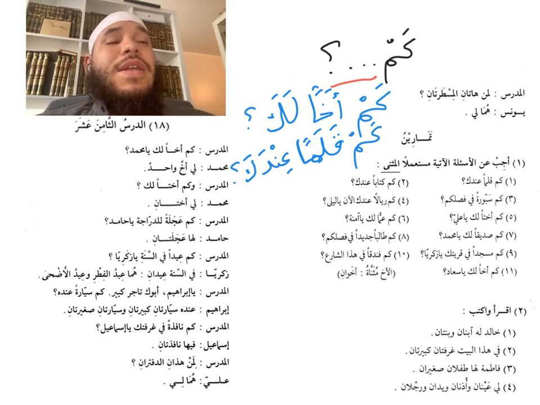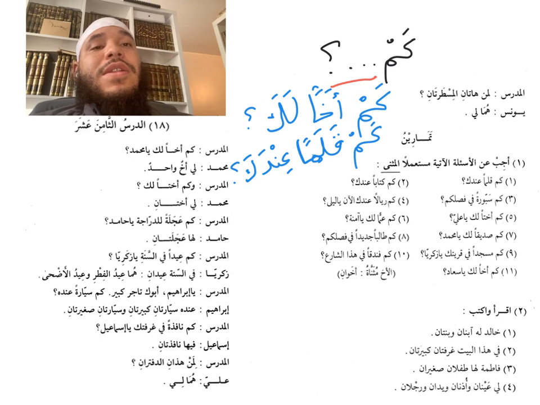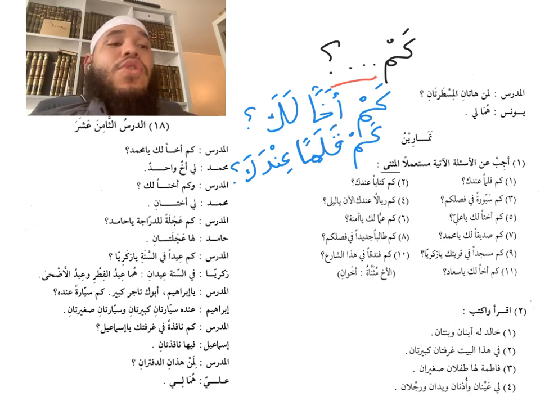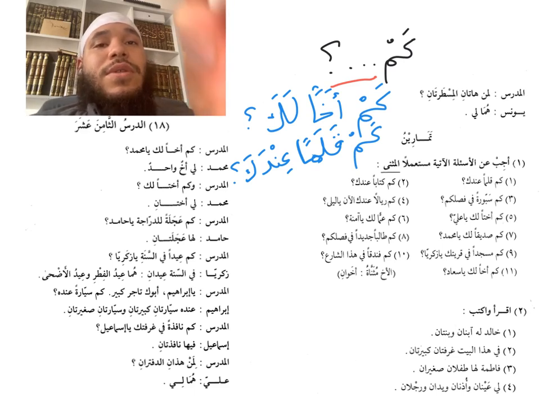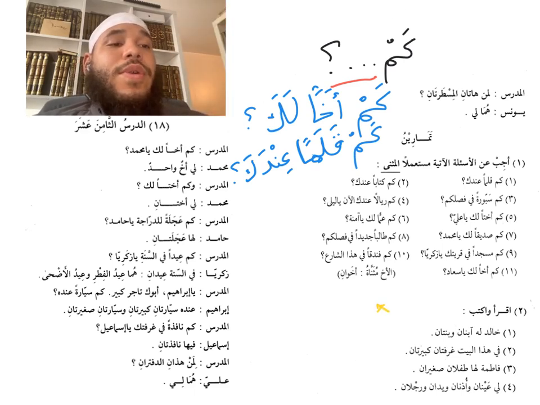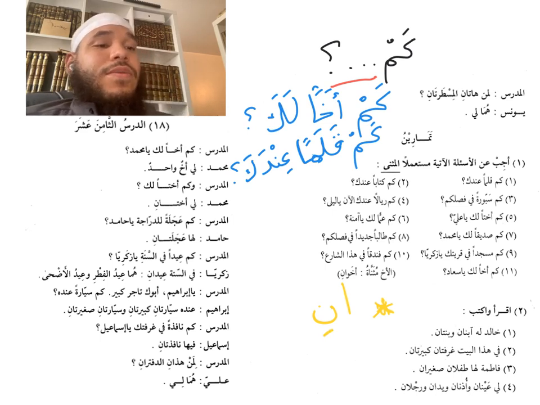Also, what we have to know is, in this lesson, we're learning the dual noun. So we learned the singular and the plural. Now, the dual noun is very easy. All we do to make the dual noun in the Arabic language, we add alif and noon, ani, to the end of the singular noun.